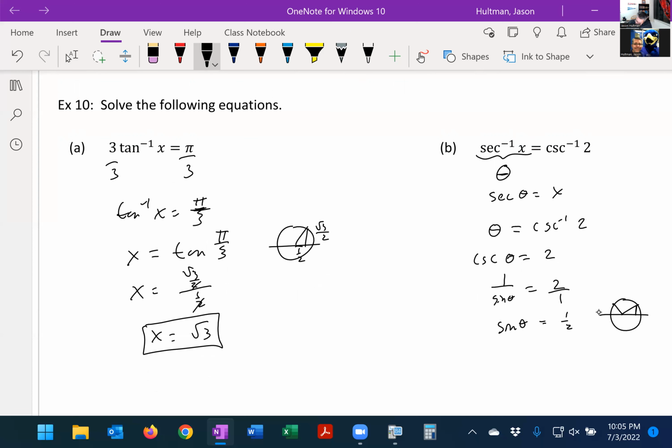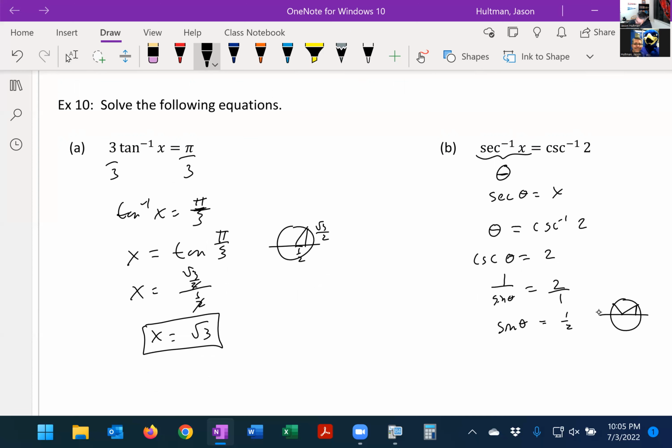So theta is equal to 30 degrees, 150 degrees, and so forth and so on, every 2 pi.